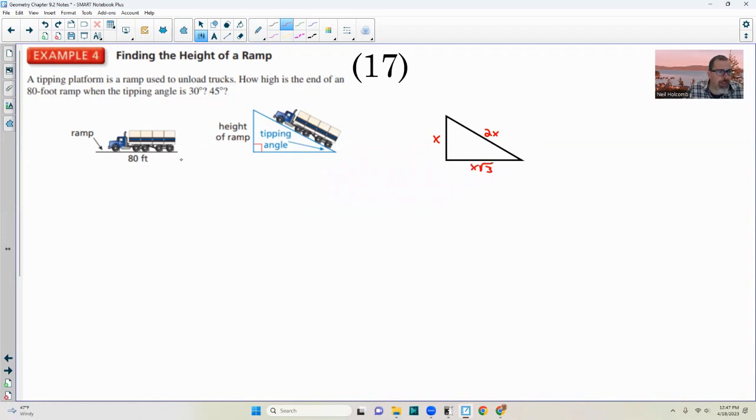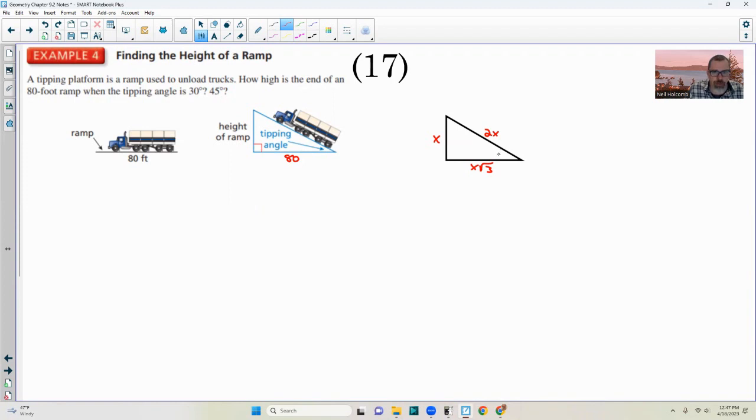So we were given this as 80 feet, the ramp. So here is the ramp here, 80 feet before lifting it, and then it goes up like so. So the tipping platform is a ramp used to unload trucks. How high is the end of an 80-foot ramp when the tipping angle is 30 degrees and when it's 45 degrees?